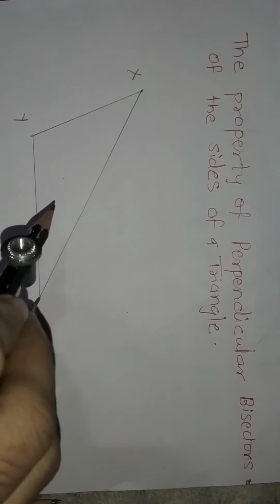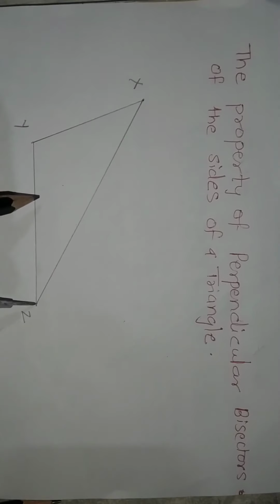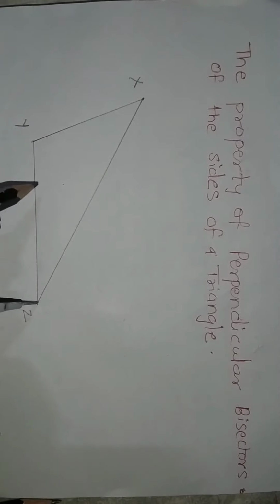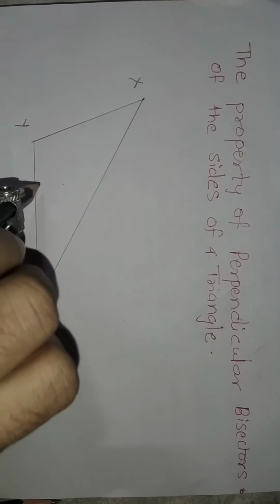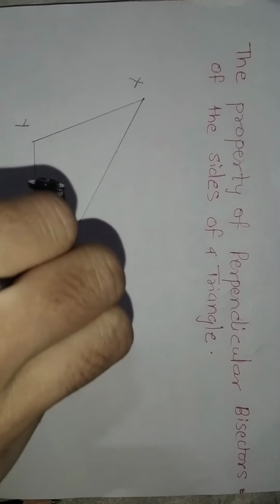Now take the distance in your compass more than half of this given segment. You can see, now draw two arcs on either side of this segment YZ.